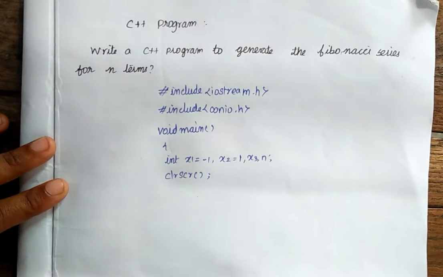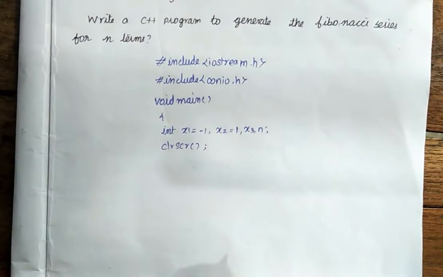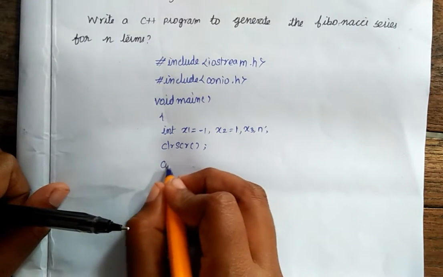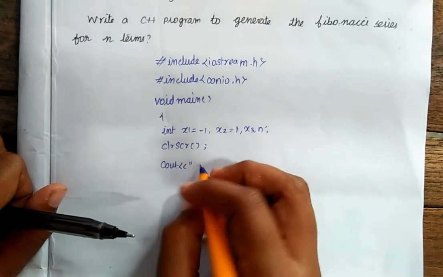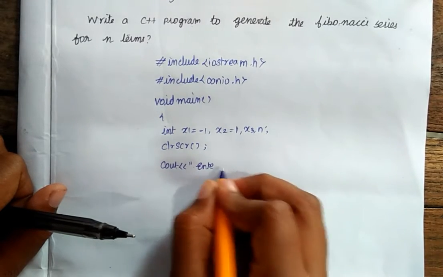Then you'll get an input from the user. So we use the cout function, like "enter the number of terms".